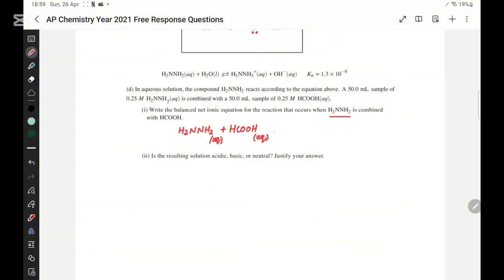You know an acid is a proton donor, so it is going to give this proton to this nitrogen, and then it would become H2NNH3 positive plus HCOO minus.